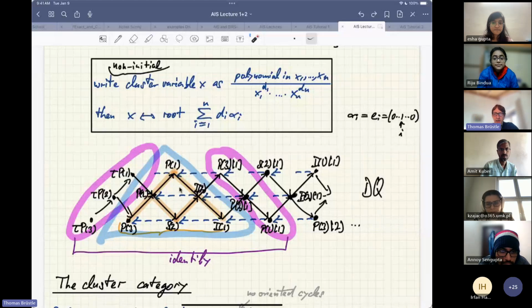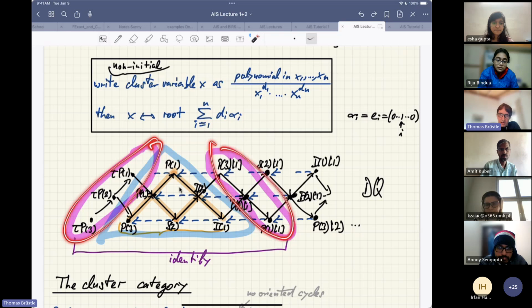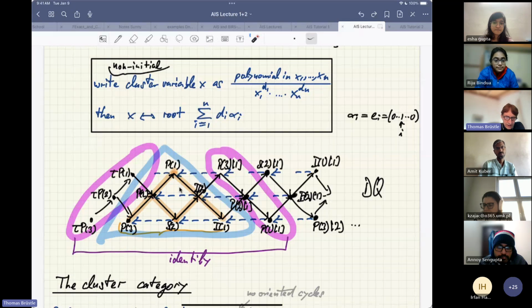And how can we define the cluster category? We start with computing this derived category, but then we have to do some identification. I want to identify this part with that part. I have the module category here in the middle, but what is left and what is immediately to the right of the module category, I want to identify these two parts. And how can I identify?